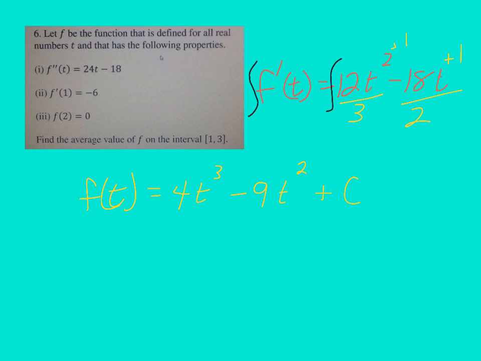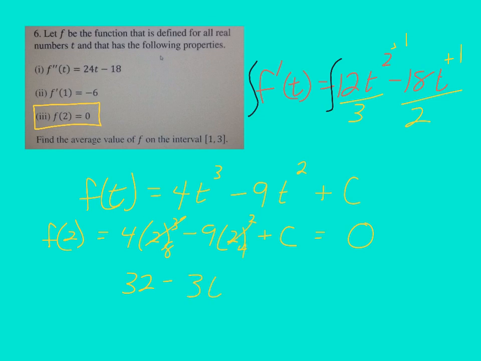Now I go back again and take a look at the boundary condition I have. f of 2 would be 4(2) cubed minus 9(2) squared plus c, and that whole thing has to equal 0. So let's use this and figure out c. So this is 8, and 4 times 8 is 32, minus 4 times 9, that is 36, plus c is 0, so we can see c has to be 4.